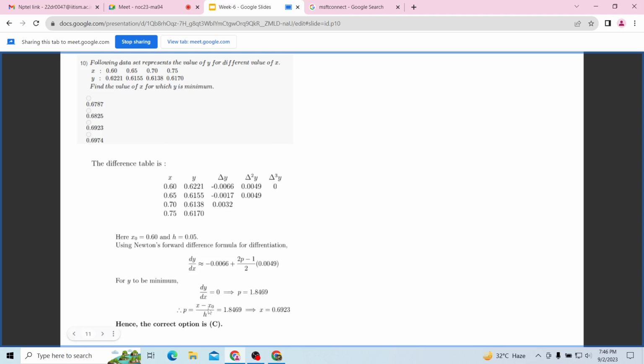So simply put the value of x naught, that is 0.60, and h and p, and you will get x as 0.6923. So at x equal to 0.6923, the value of y will be minimum. The correct option is C.